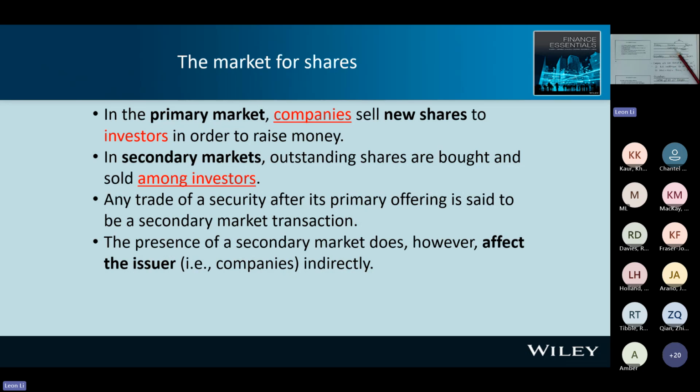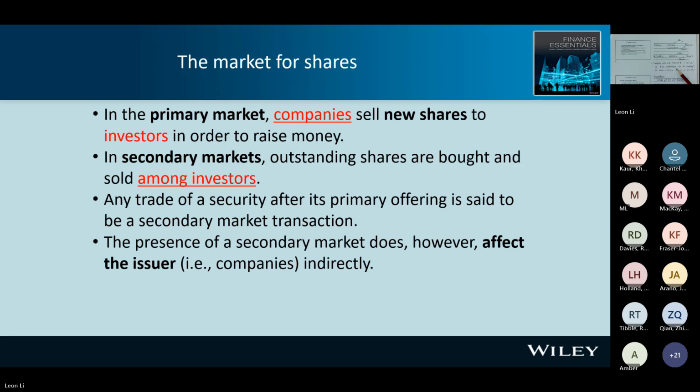The secondary market is a transaction between investors. We have the buyer and the seller. The company will not receive money from the secondary market, but it doesn't mean the company will not care about it. They do care about the secondary market. If the share price in the secondary market is too low, they will buy back the shares.